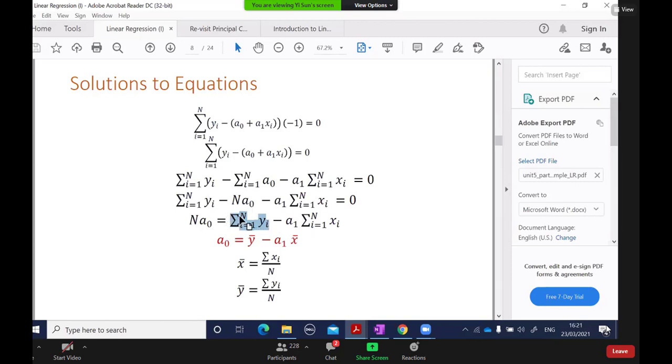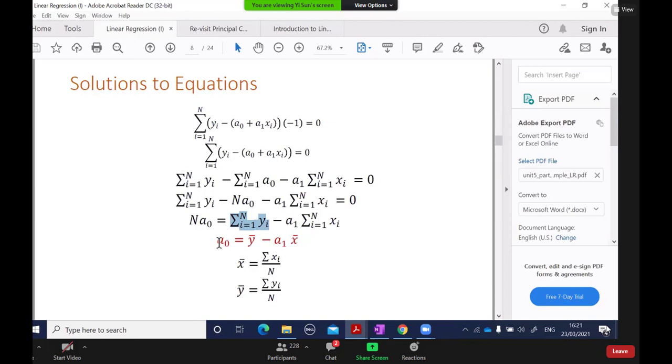So here, this term divided by n is the mean length over all available babies. And this term will be the mean weight over all baby data we have.